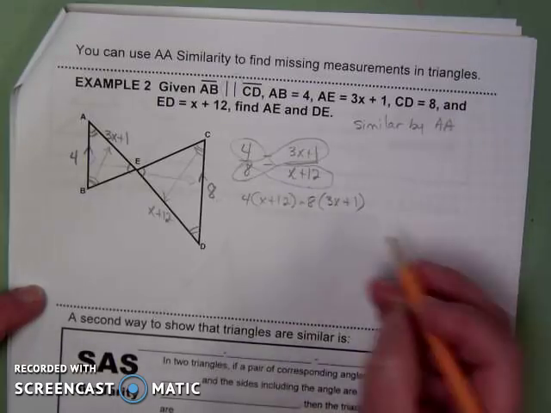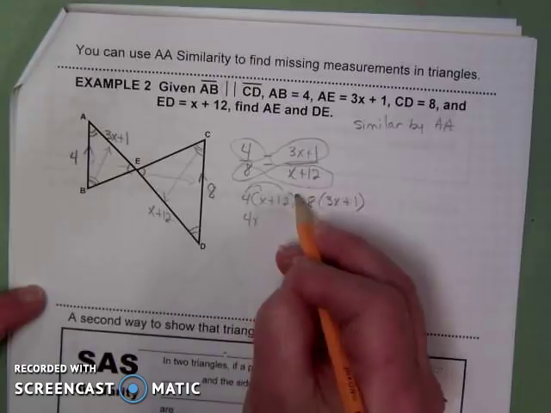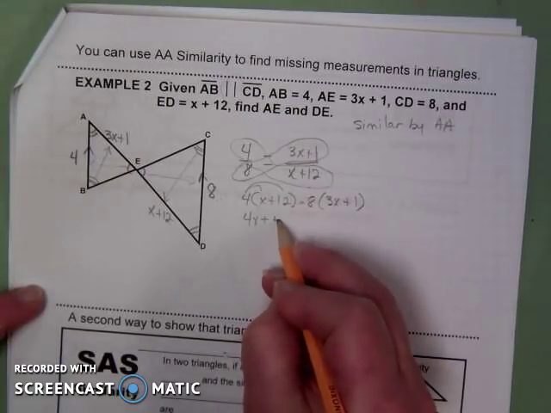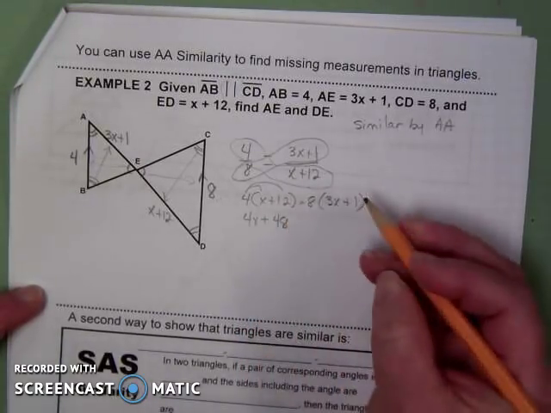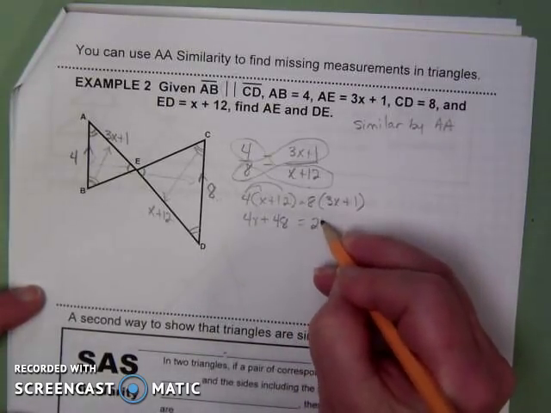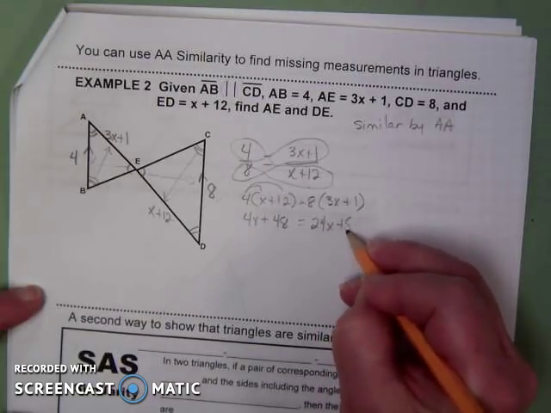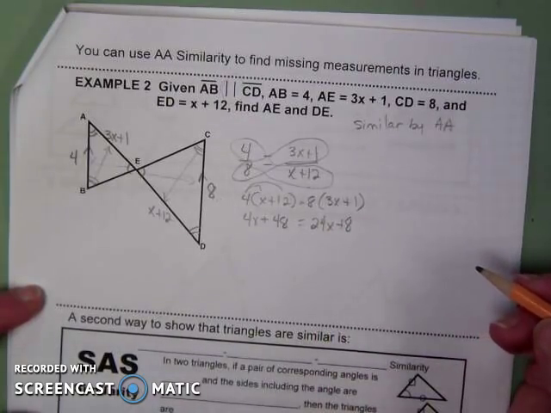We do distribution. 4 times x is 4x. 4 times 12 would be 48. And then we'd have 24x plus 8. Now we're going to solve for x.